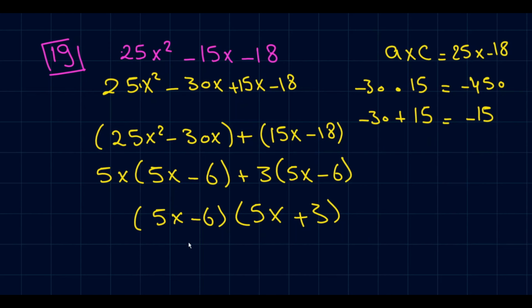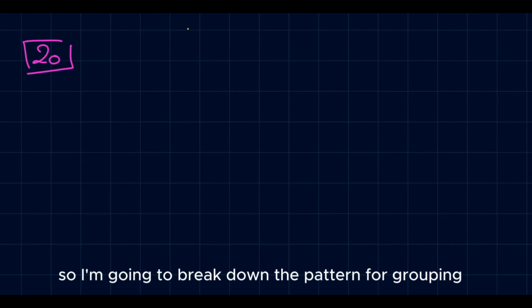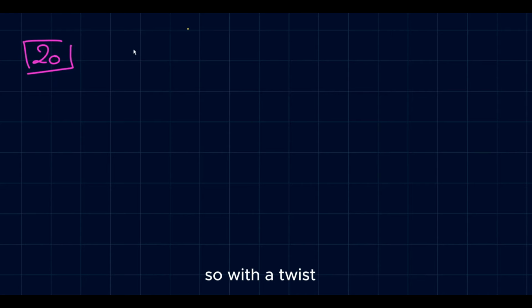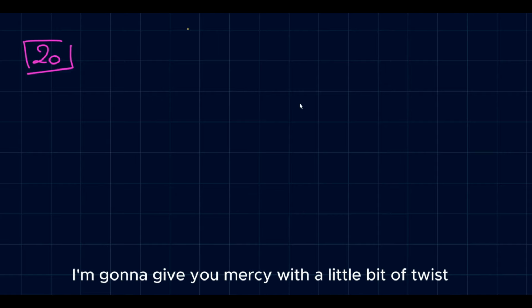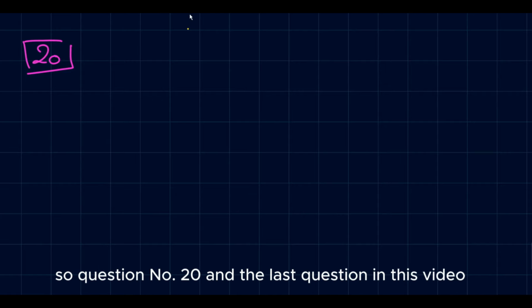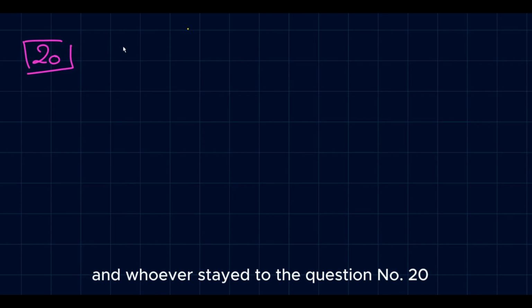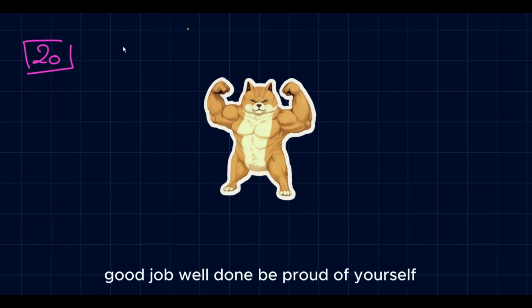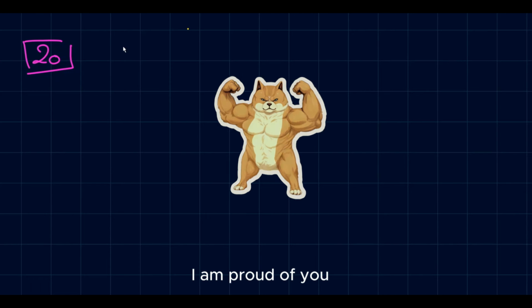Perfectly done. So I'm gonna break down the pattern for grouping, and I'm gonna give you a little bit of mercy, with a little bit of twist. So question number 20 and the last question in this video, and whoever stayed to question number 20, good job, well done, be proud of yourself, I am proud of you.